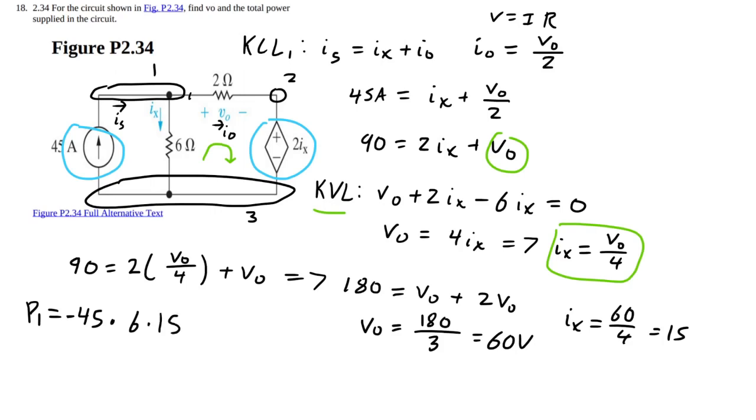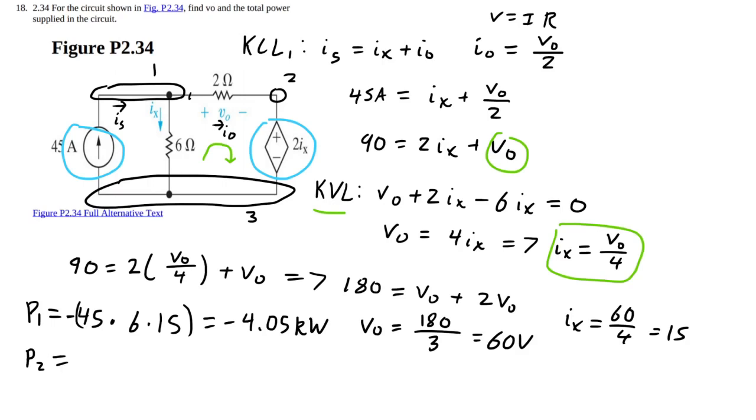And we're going to have a minus because there's an increase in voltage across this sourcing power. So anyway, let's calculate all this. I think 60 times 15 is 90, so 90 times 45 is 4050. I'm just going to put it in kilowatts because it's a big number. So that's P1.